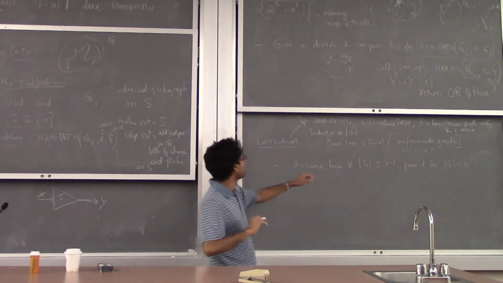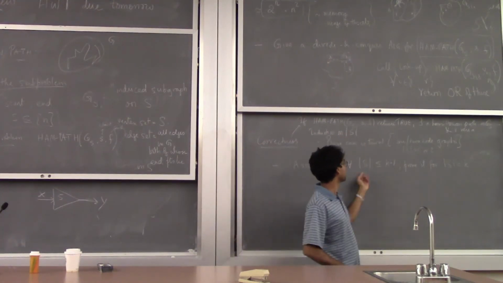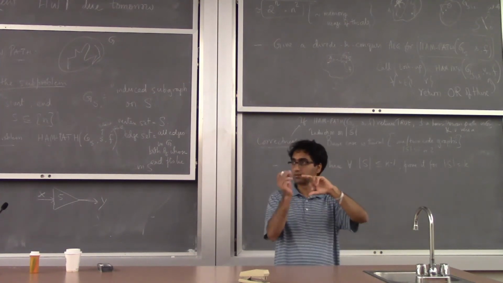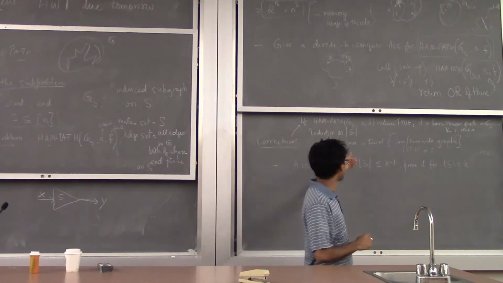So this is what we mean by induction on the size of the set. Because first you prove the base case and then say that if it's true for all numbers up to a certain point, it's true for the next number. So this is what we would like to show.